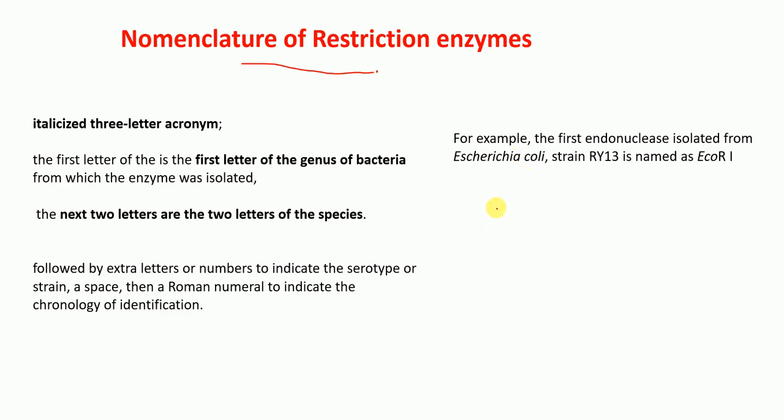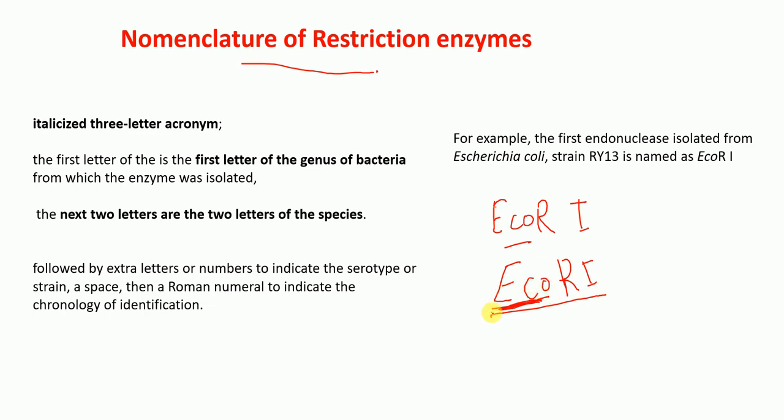Let's take an example of EcoR1, guys. E-c-o, R, and then 1. I did not write it correctly, maybe I should italicize it. If we look at this enzyme, you see the first 3 letters are italicized.